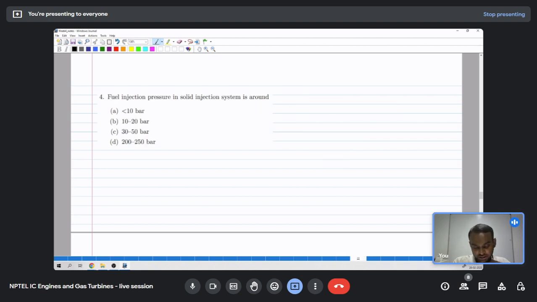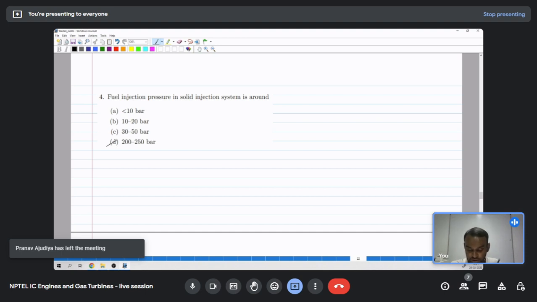Fuel injection pressure in solid injection system is around... okay.